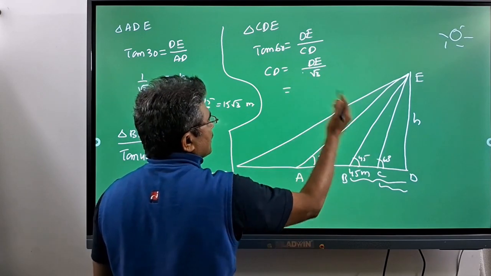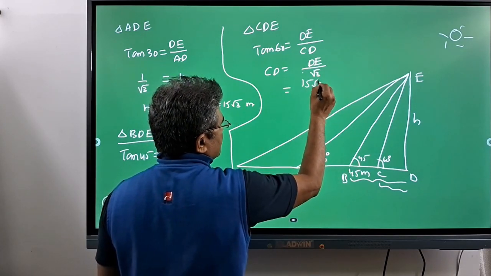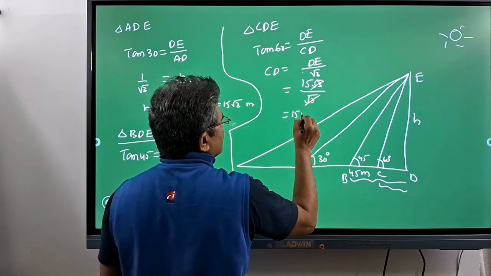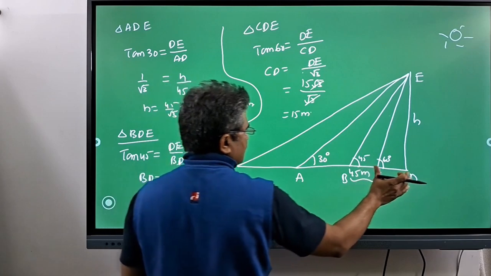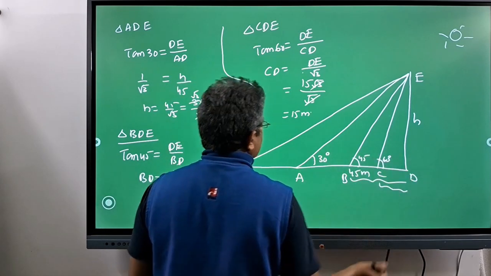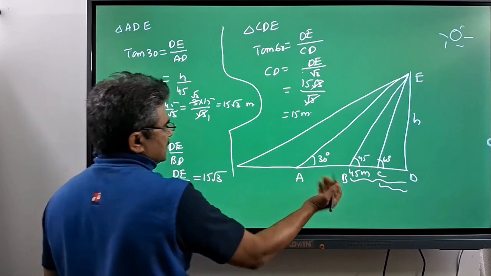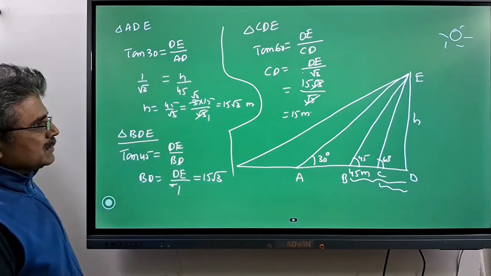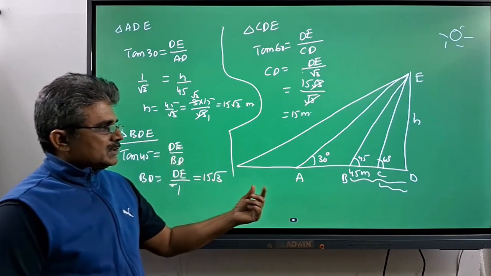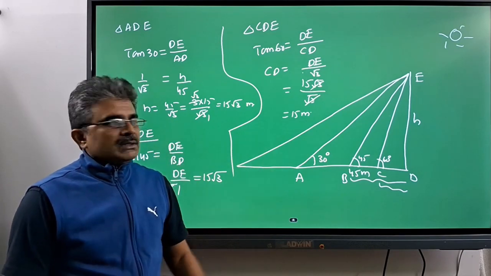So we have DE value, which is 15 root 3, divided by root 3. So root 3 gets cancelled. You will have 15 meters. So CD is 15 meters, BD is 15 root 3 meters and AD is 45 meters. That is given already. So hence we found the values of the height of the tower and even the shadows at two different elevated angles.